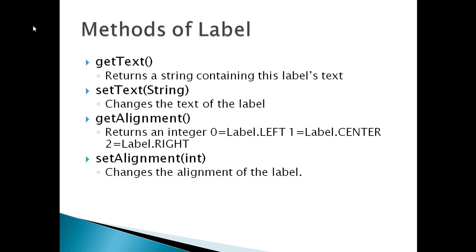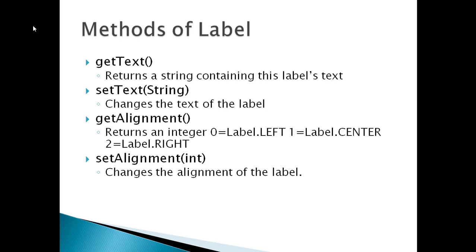By using this constructor we have created a label, which creates an empty label. An empty label has no meaning, so after creating it we need to set the text for that label by using the setText(String) method. This changes the text of the label.